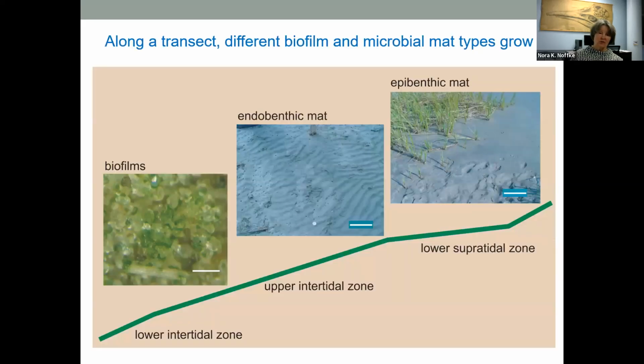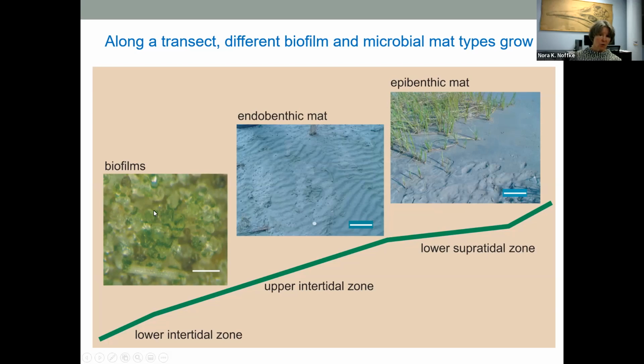Now, along such a transect, we actually can see specific microbial mat communities forming in response to the average dynamic condition. So in the lower intertidal zone and upper subtidal zone, we can see biofilms. So this is a biofilm character of colonization.